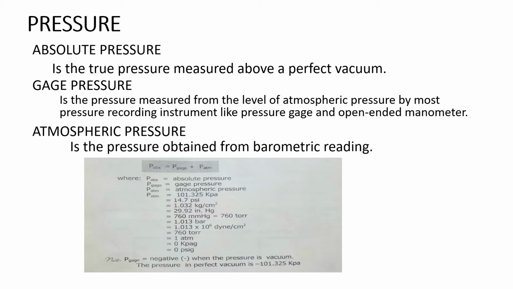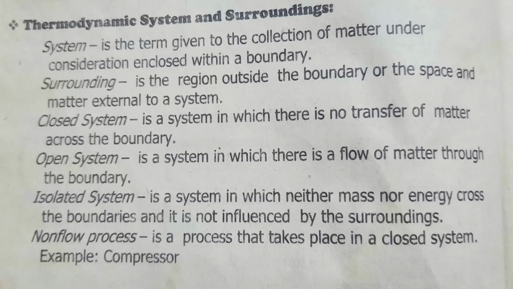P abs is the absolute pressure, P gauge is the gauge pressure. Note that gauge pressure is negative when the pressure is vacuum. The pressure in perfect vacuum is negative 101.325 kilopascal or kPa.